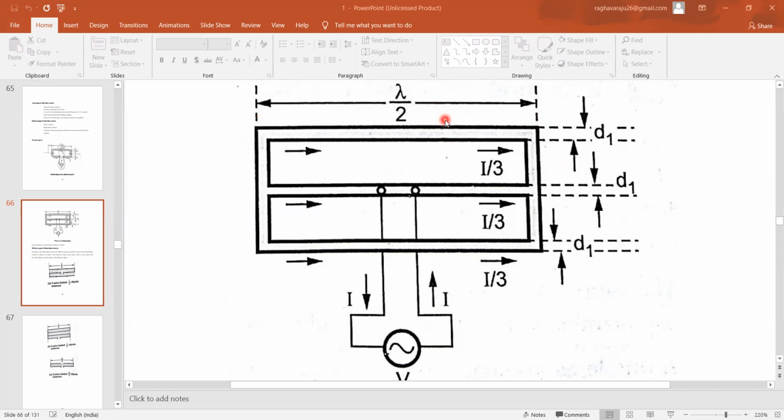This lambda by 2 is arising from here. So this is the voltage V. From voltage V, the total current is fed to this point I1. So I1 and I2, these are the currents that are distributed. In the previous case, I equals I by 2, I by 2, whereas here there are three partitions, so I by 3, I by 3, I by 3.